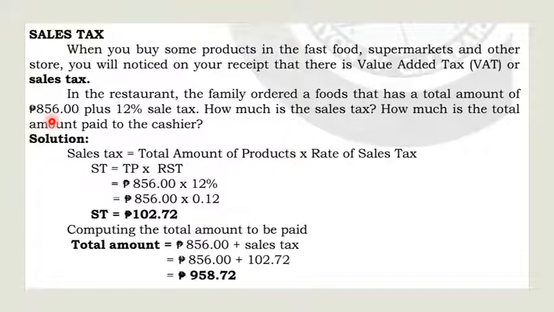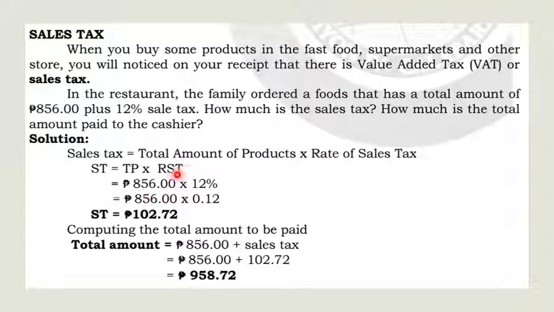So, yung 856 plus yung sales tax na mayroong 12%. So, paano makukuha yung sales tax? So, we just have to multiply total amount of products or TP times yung RST natin or rate of sales tax. So, ano ba yung total amount of product natin? Yung food natin nagkakahalaga ng 856 pesos.